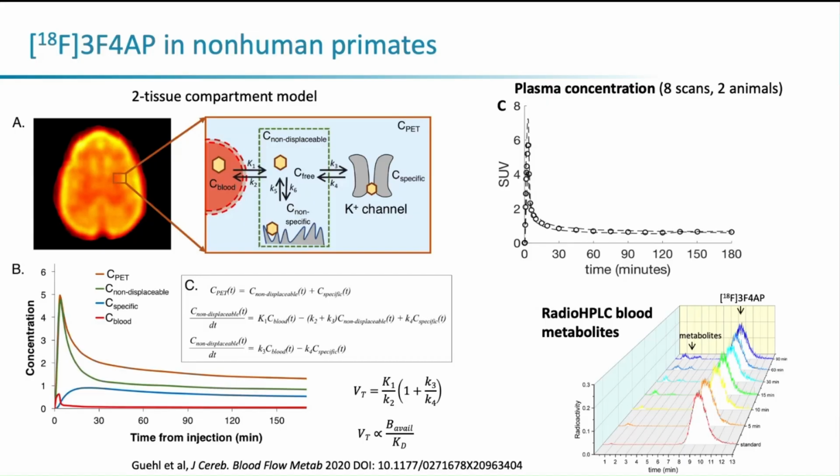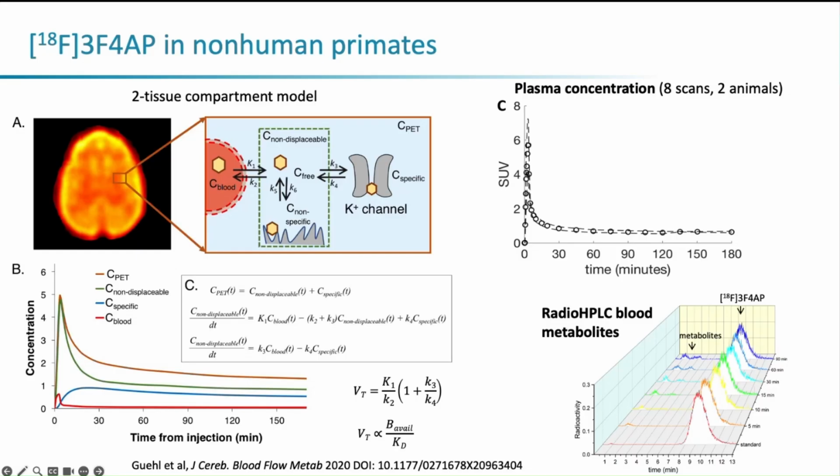For those of you who are not very familiar with kinetic modeling, essentially the scanner gives you an image that is the sum of the tracer that is bound to the target, plus the tracer that is floating around that is not bound to anything, plus the tracer that is not specifically bound to lipids and other structures, plus whatever is in the blood pool in the brain.